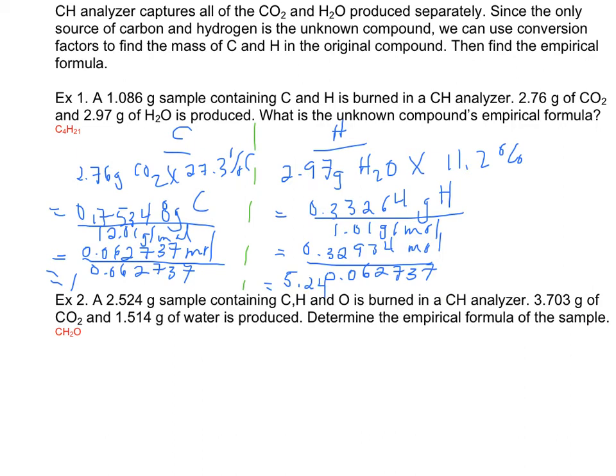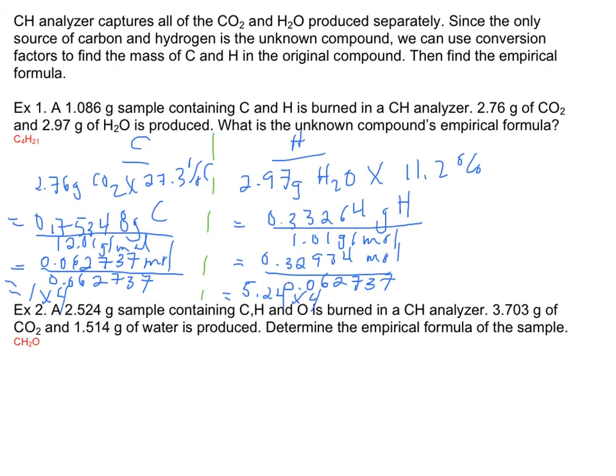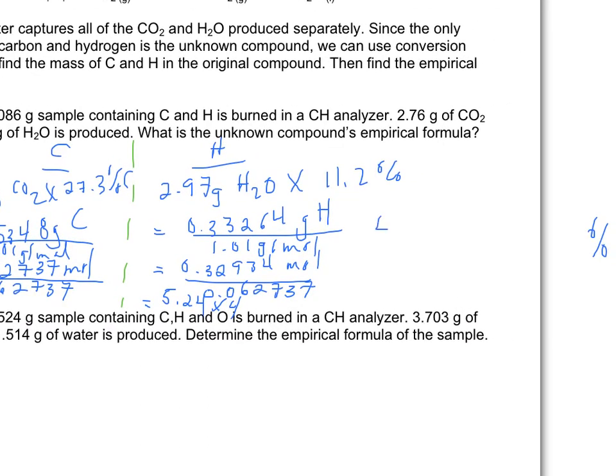I need to use step 4. That's too big to round. 0.24 is close to 0.25, which is a quarter, so I'm going to times by 4 to get whole numbers. Therefore, my empirical formula for this hydrocarbon equals C4H21.